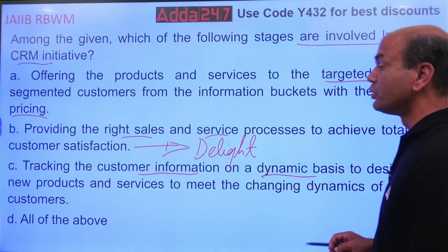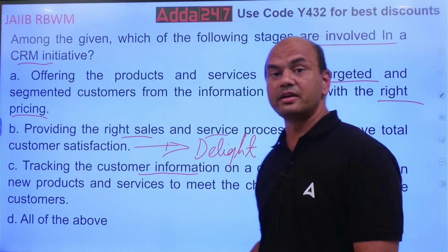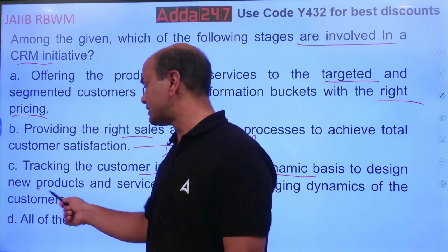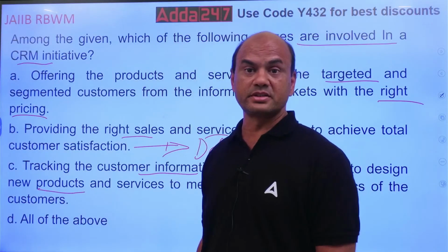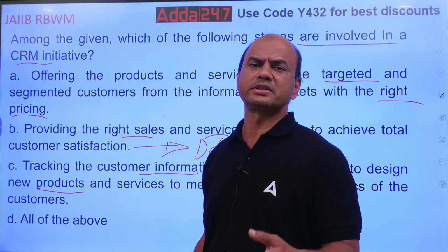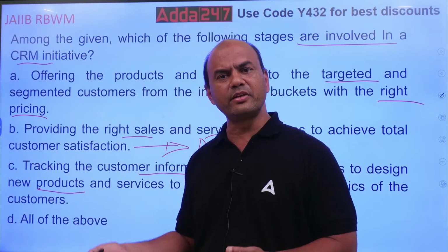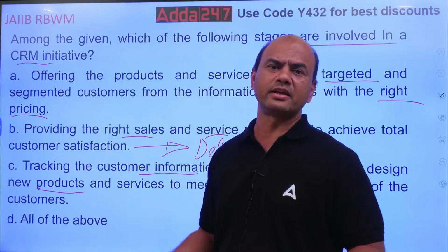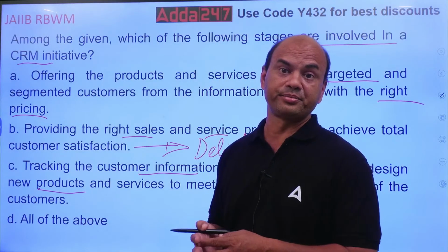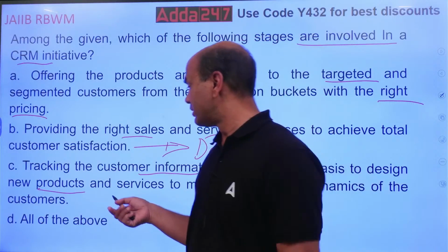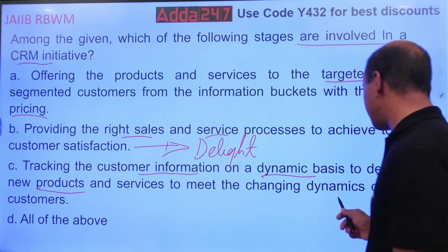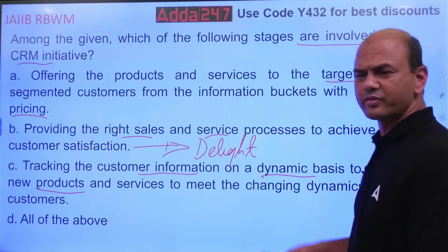New products are to be designed. What does the customer want? Customer wants FDOD, customer wants no penalty FDR, new product, go on designing. Customer wants credit card and services to meet the changing dynamics of the customers, meaning changing requirements.